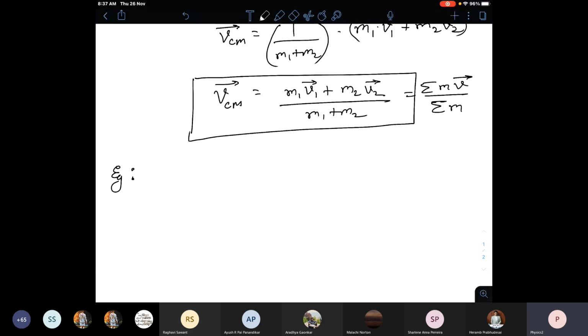Let's see an example. Suppose I have a 5 kg mass at 2 meters per second, and a 10 kg mass at 4 meters per second.